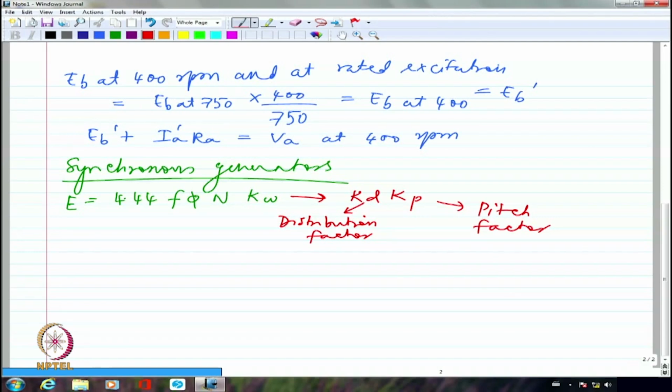So we call the grid an infinite bus. We call it an infinite bus because the voltage and the frequency of this grid are kind of set in stone. They are not going to change.